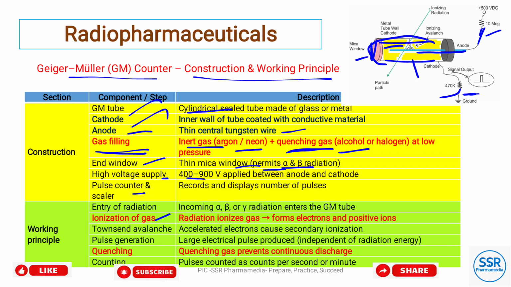So that is the construction. Now we will see the working. First of all, we take the substance containing radioactivity and keep it in front of the mica window.